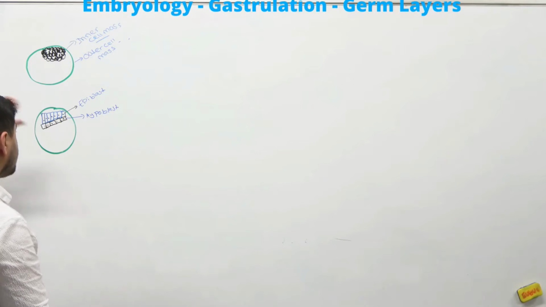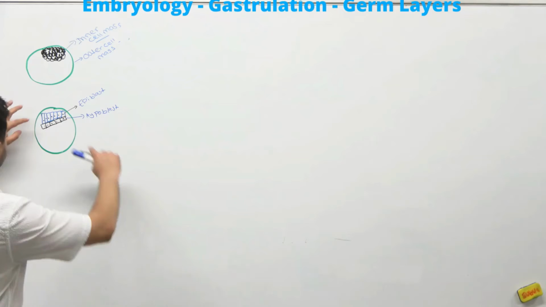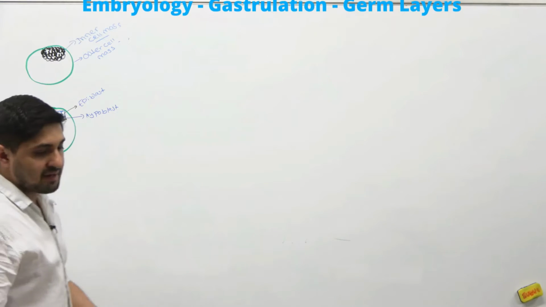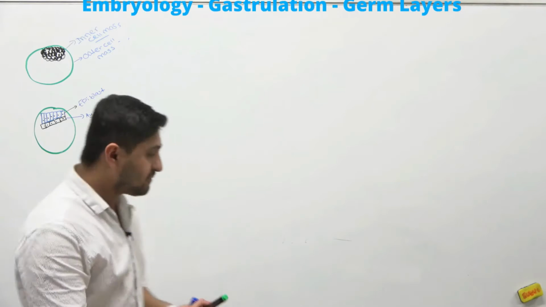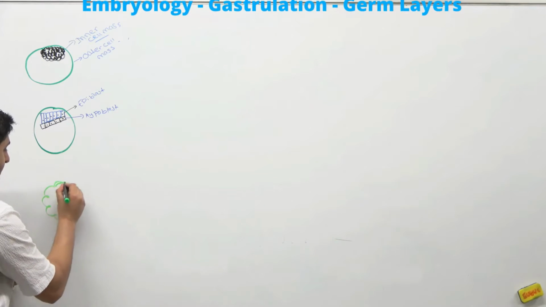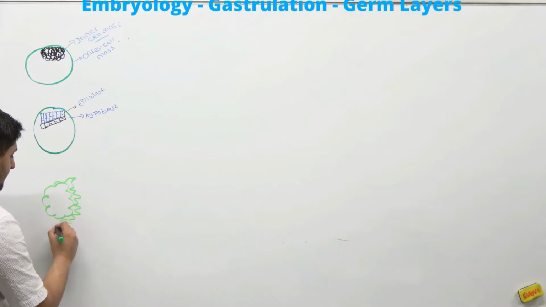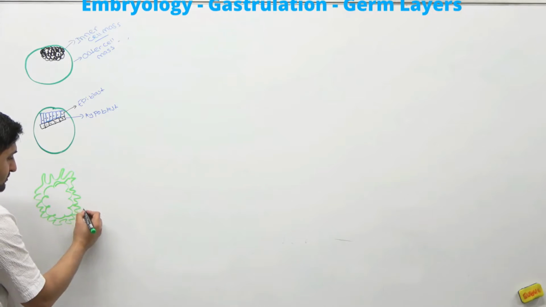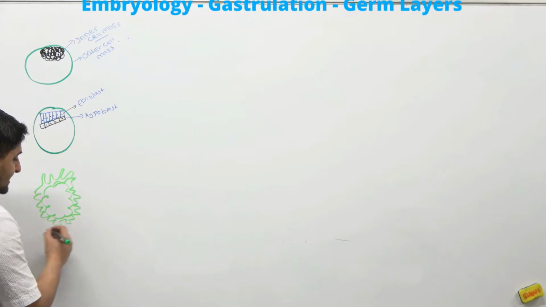Now, after these formations, what is going to happen to this outer cell mass? They also go through mitotic divisions, and ultimately they'll make different layers of cells like this. The outer layer cells are going to form something called the cytotrophoblast, like this.